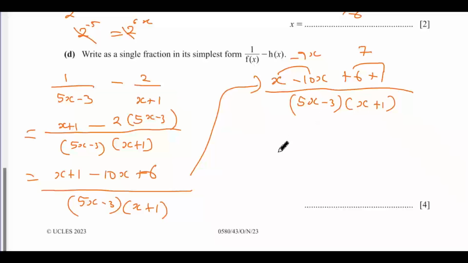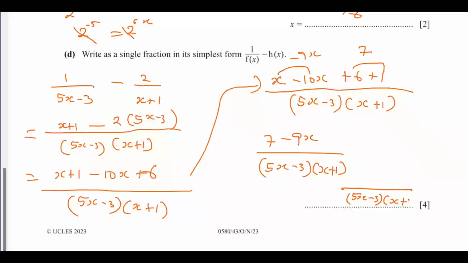So we can write it as 7 minus 9x over the denominator, 5x minus 3 into x plus 1. So the answer will be 7 minus 9x over 5x minus 3 into x plus 1. So that is how to simplify that.